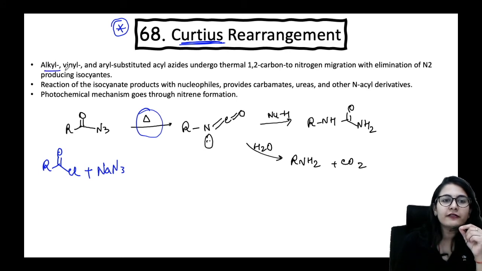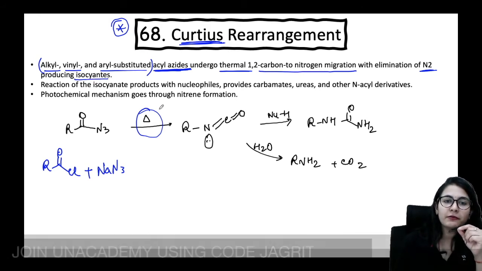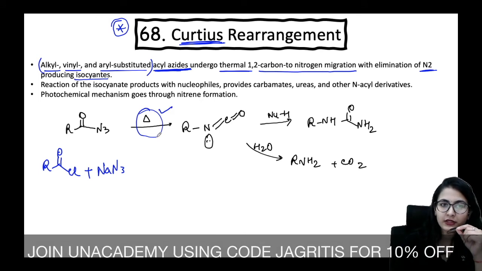So alkyl, vinyl and aryl substituted acyl azide. Okay, so any substitution is possible. The R could be anything, alkyl, vinyl or aryl, right? Acyl azides are undergoing the rearrangement. Thermal 1,2 carbon to nitrogen migration with the elimination of nitrogen gas producing isocyanate. Same rearrangement reaction. Just remember, in the presence of heat you are doing this reaction.